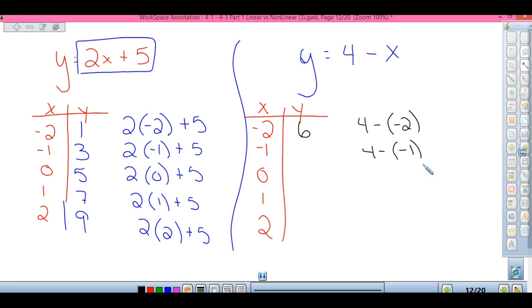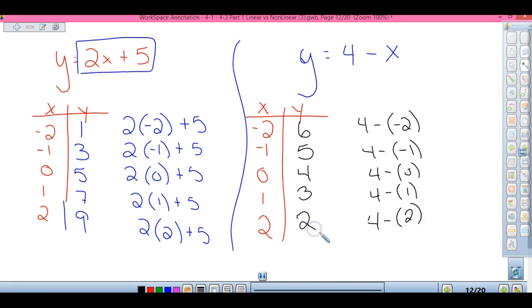We have 5. 4 minus 0 is 4. 4 minus, what's going in for x? 1 is 3. And 4 minus, what's going in for x? 2 is, huh? Oh, I thought I heard 3. And then you guys were scaring me.